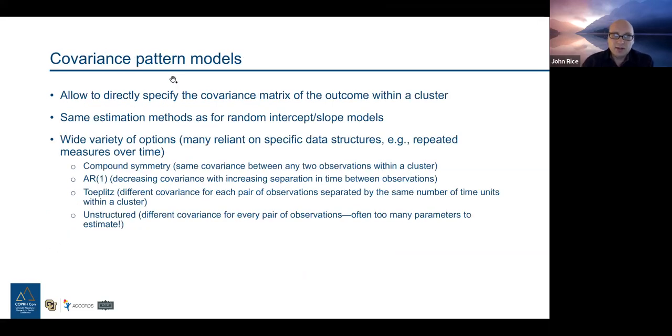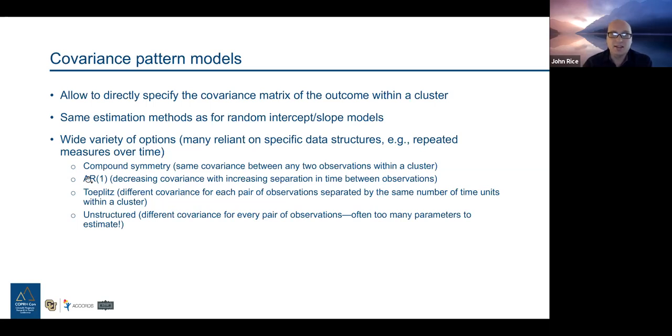So these covariance pattern models are going to have the same kind of estimation methods. Again, we're looking at maximum likelihood or restricted maximum likelihood typically, but what you're specifying is different. So there's a lot of options here, but a lot of them depend on certain data structures. For example, a lot of them are based around measurements taken over time.